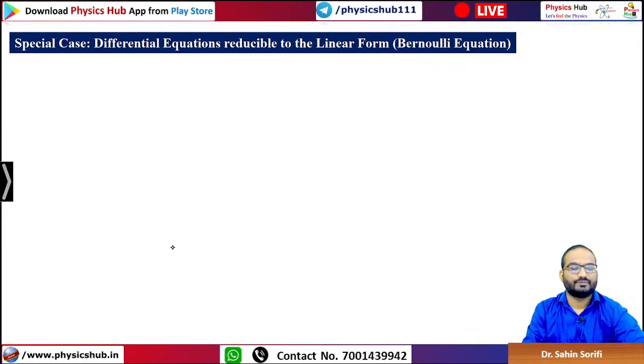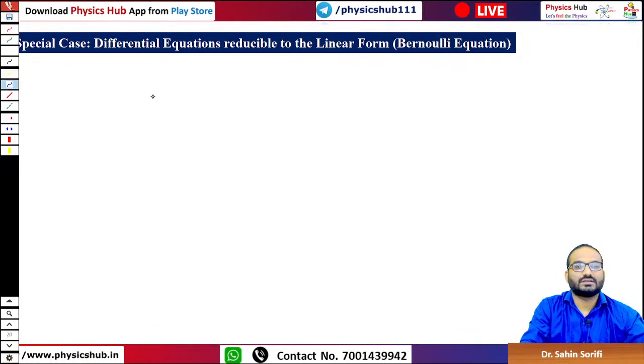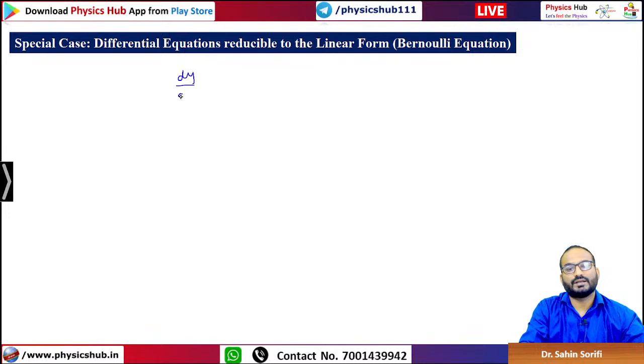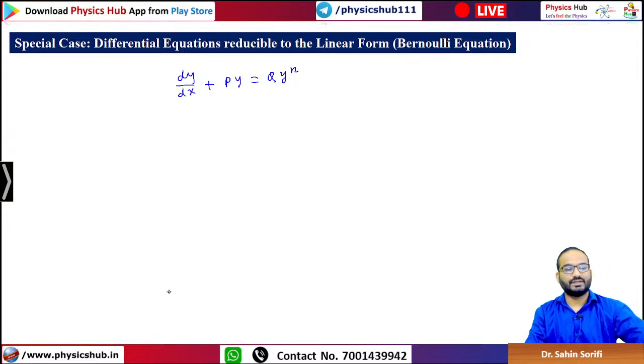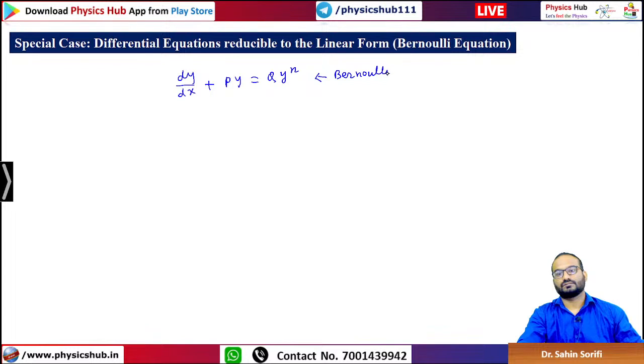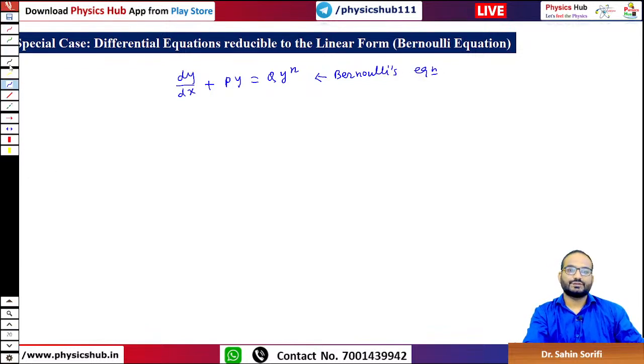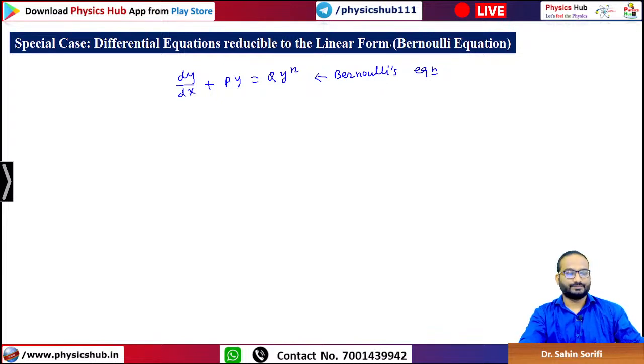Look, previously we had this equation dy by dx plus Py is equals to Q. Now instead of this, if you have y to the power n, then how will you do this? This type of equation is known as Bernoulli's equation. So we can reduce this Bernoulli's equation into linear form.